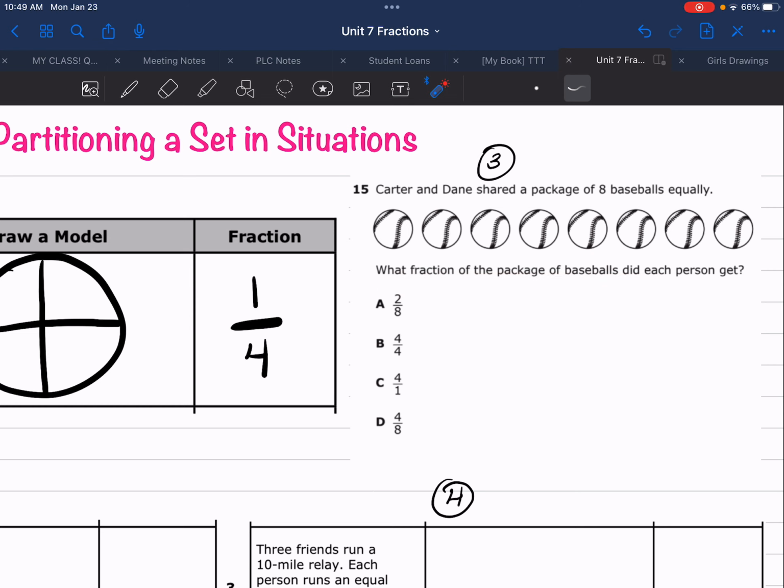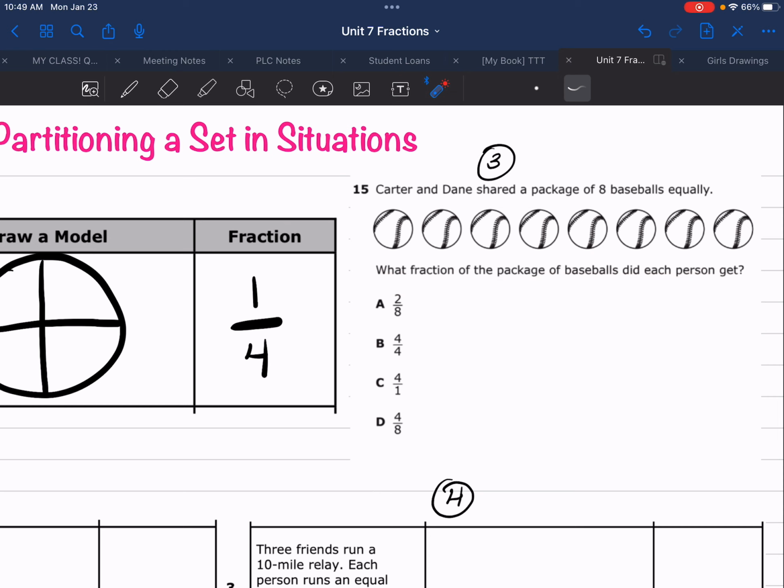So now you're going to go to Sketches School on a third page and draw out your baseballs and then solve this problem.